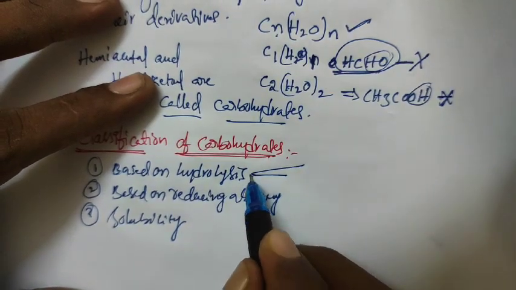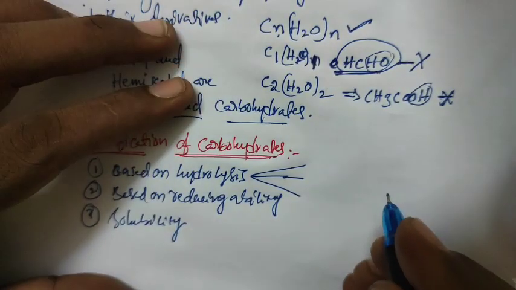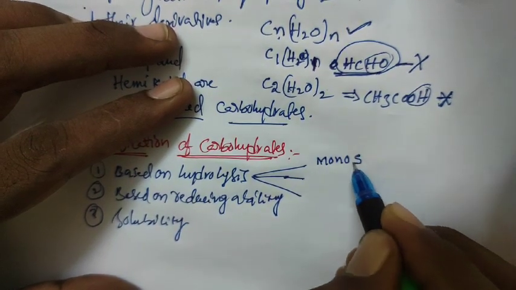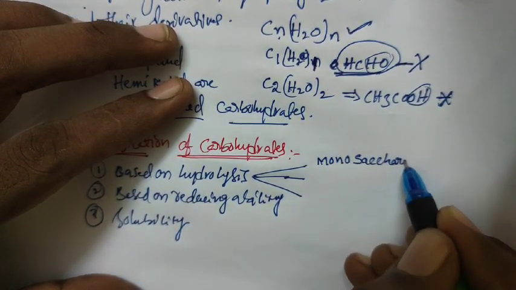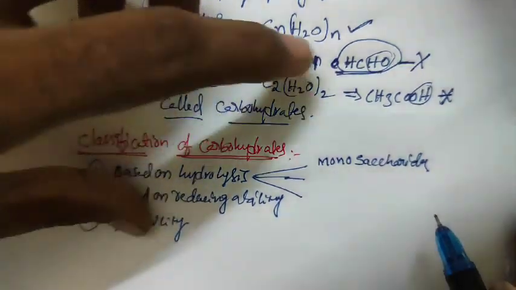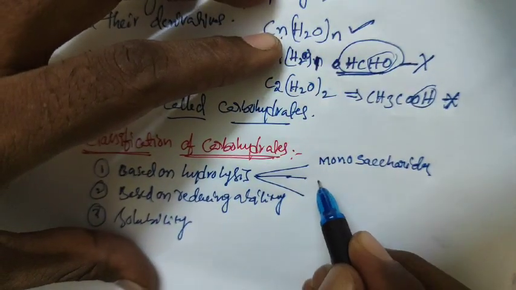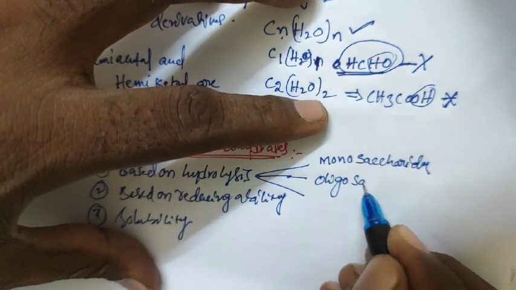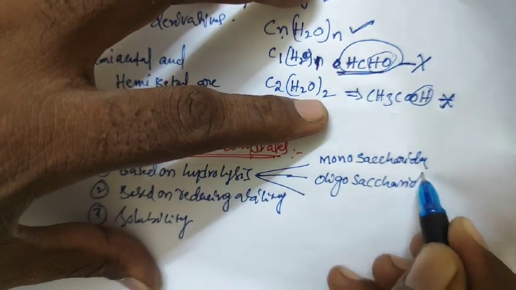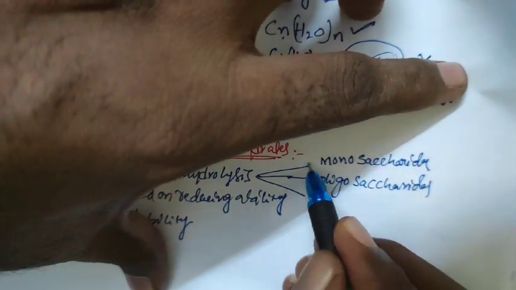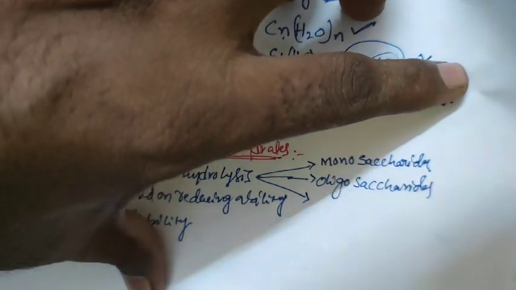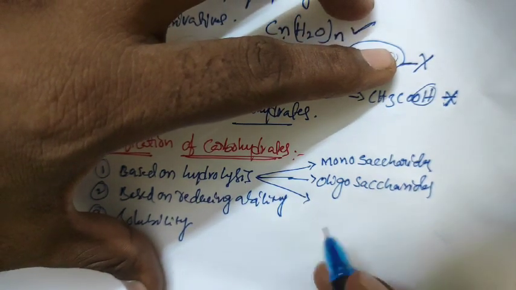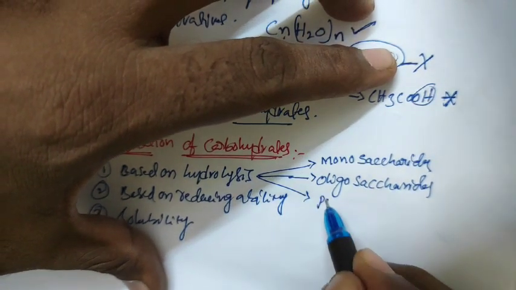Based on hydrolysis we have 3 types: monosaccharides, oligosaccharides and polysaccharides.